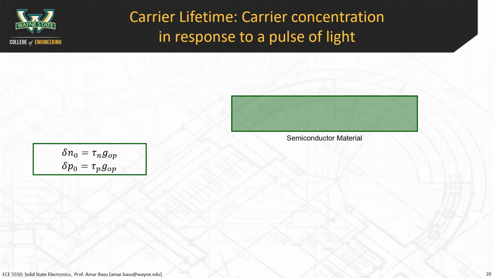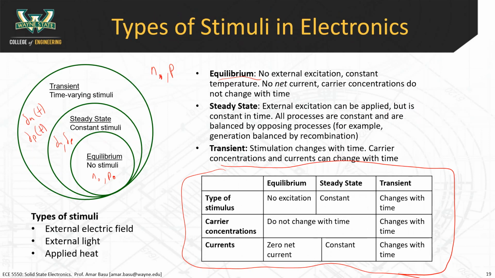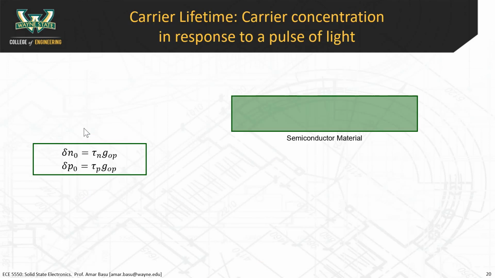All right, now let's talk about the carrier lifetime. This is the carrier concentration in response to a pulse of light. If you have a time-varying stimulus, the transient case, let's see what happens. I want you to think about this in terms of the physical process.